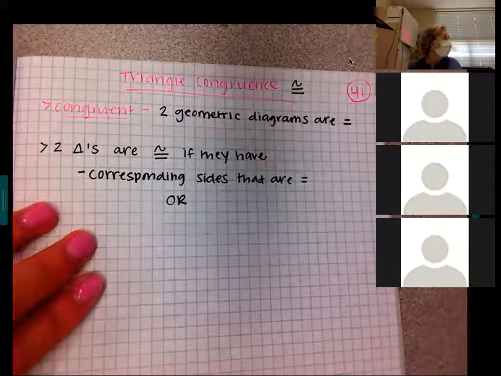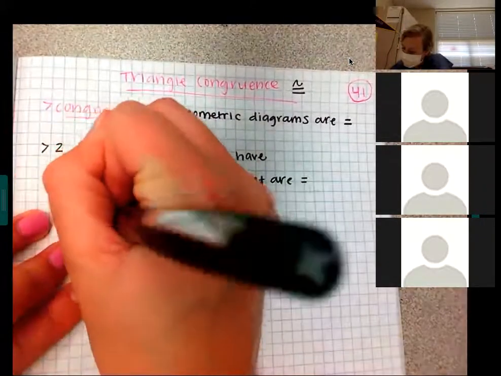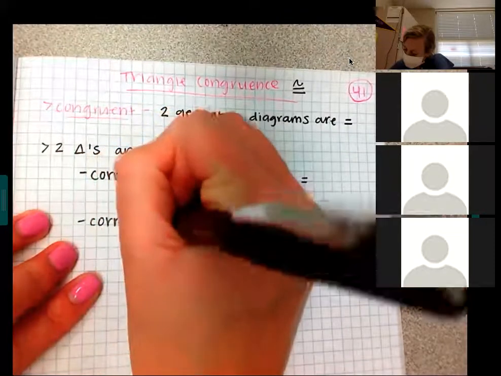Oh no, a triangle has three sides and three what? There you go. Or corresponding angles that are equal.